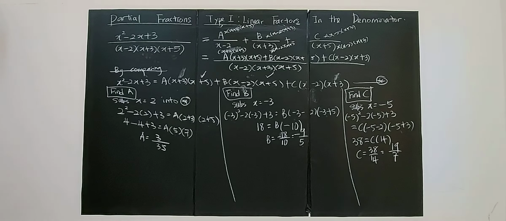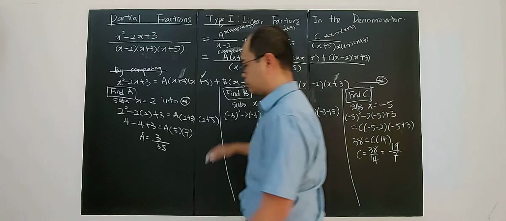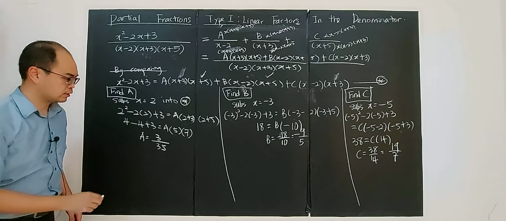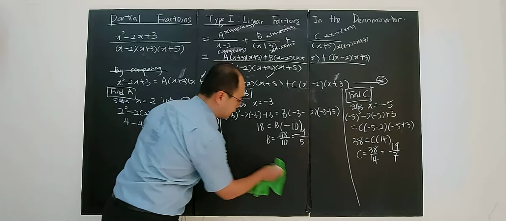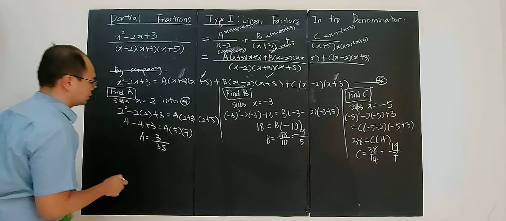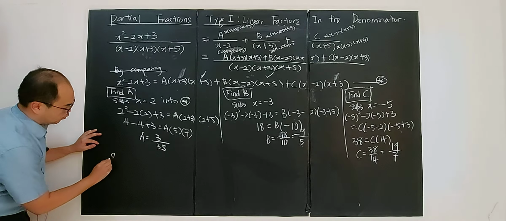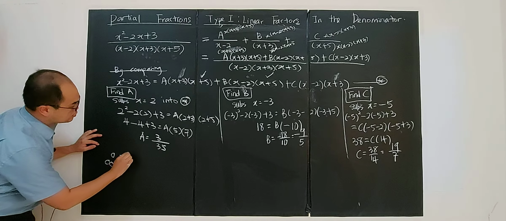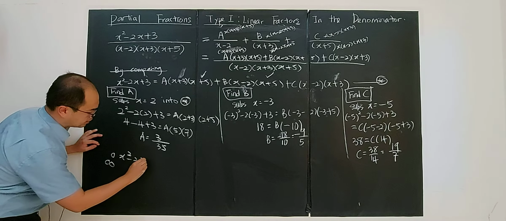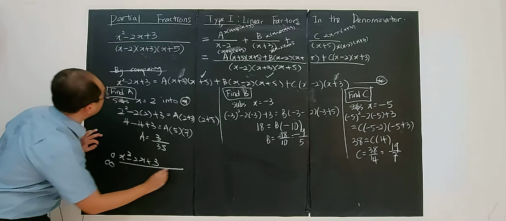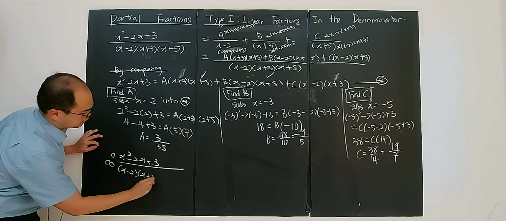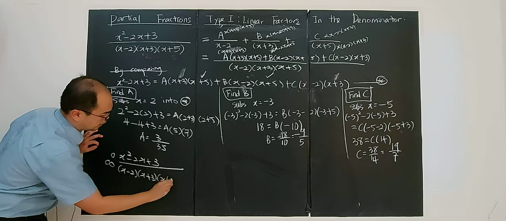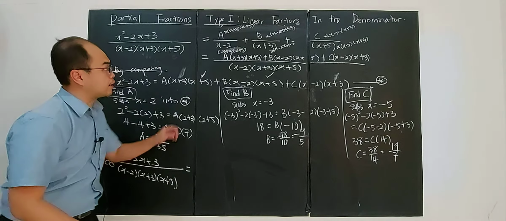You have found the value of A, B, and C. So you have to rewrite your conclusion, right? I'm going to write here. Because you have finally decomposed this fraction, therefore x squared minus 2x plus 3 over x minus 2, x plus 3, x plus 5 is equal to A, right?